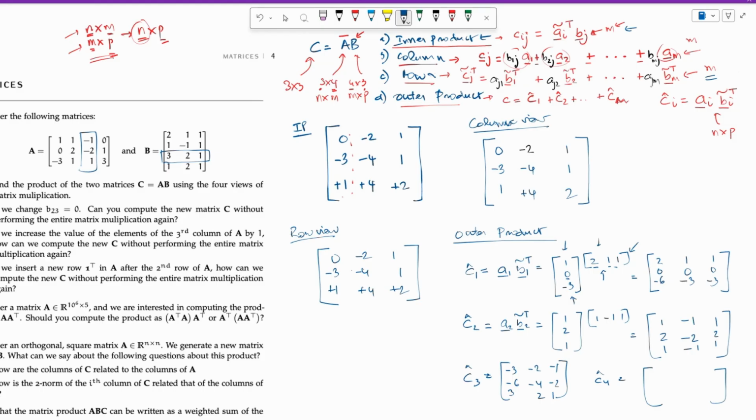If you're not sure, just write it down, if you can't do it in your head. Zero, 1, 3.